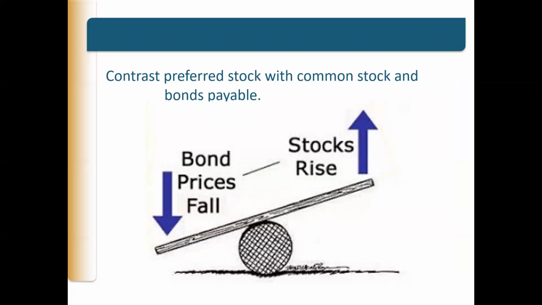Now, we also have common stock, which we're familiar with. But then we also have what's called preferred stock. It's another type of stock. It's not as common, but we're going to talk about that right now.